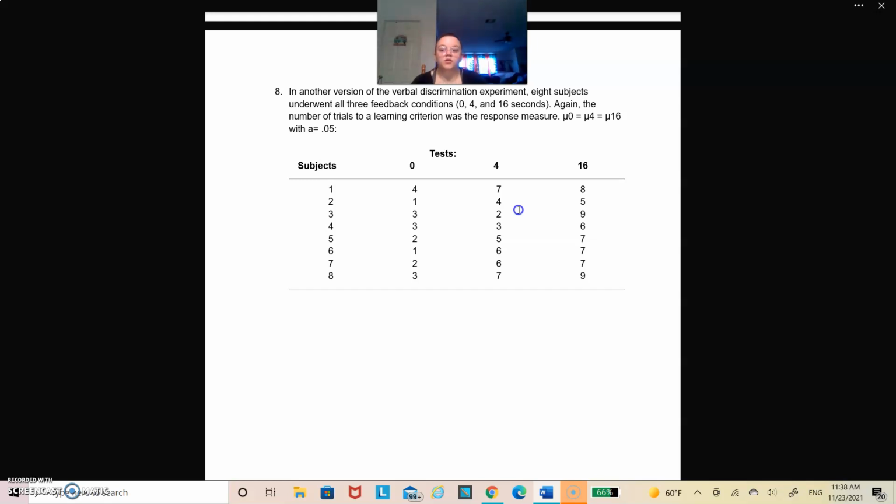And we now have a new error term, since we're doing it within subjects ANOVA, sum of squares of G times S. And that is basically just sum of squares total minus sum of squares G minus sum of squares S. So we're just going to take all those values that I found previously and subtract them to get an SSGXS of 22.75.